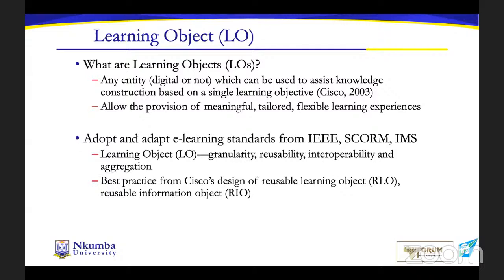It looks at granularity, usability, interoperability, and aggregation. These are very key aspects of the learning object. It is granular in such a way that you can go into deeper details of that object. A learning object can have many information objects, of which the information objects can have many more, so it can go as granular as possible.